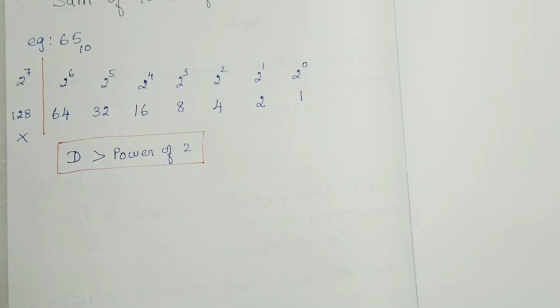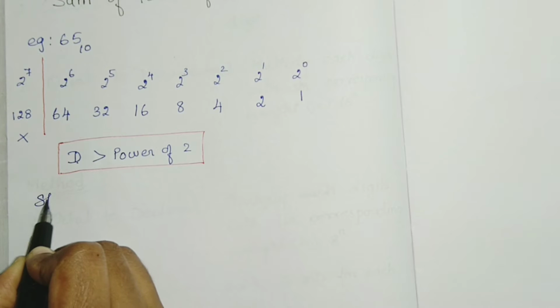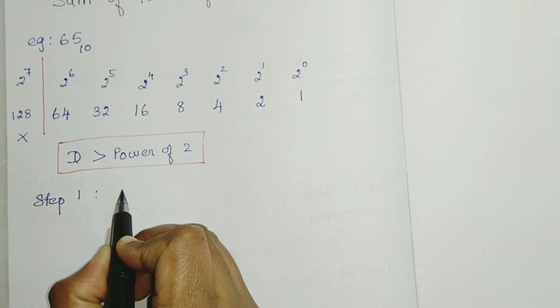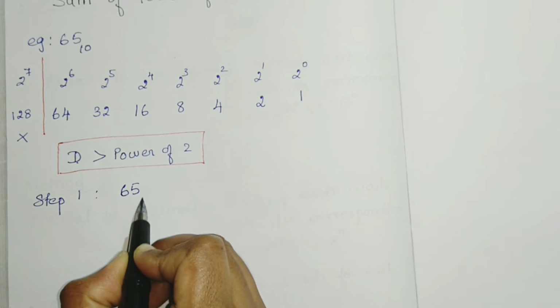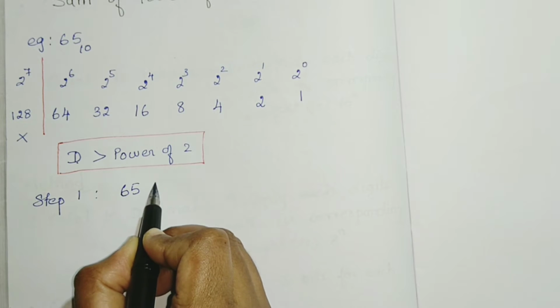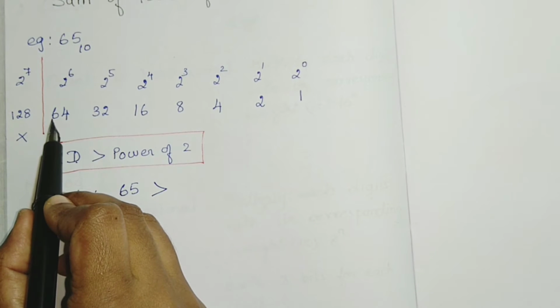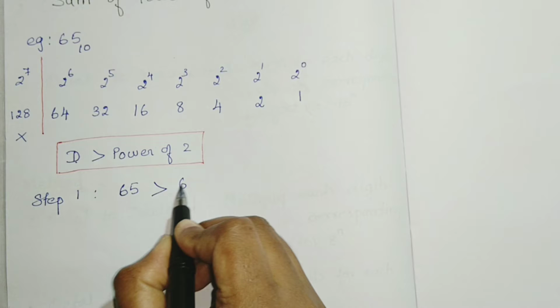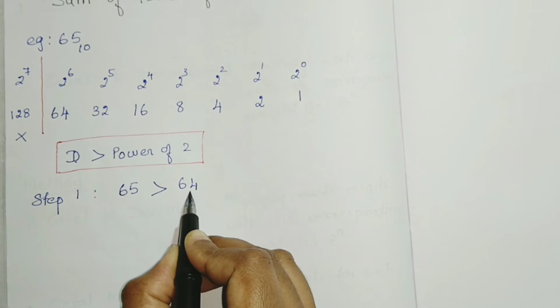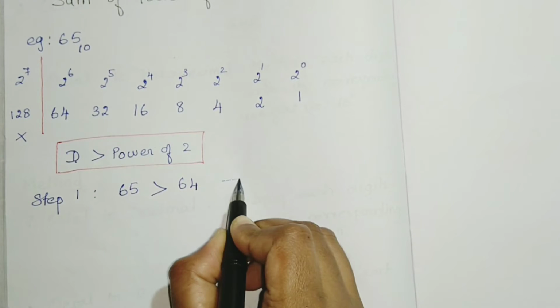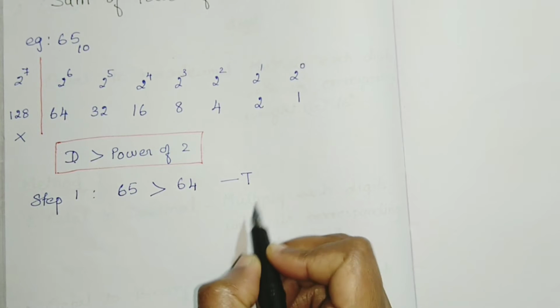So let's do it. Step 1: pick the decimal number, that is 65. Compare it with the largest power of 2, that is 64. Check whether it is true. Is 65 greater than 64? Yes, it is true.